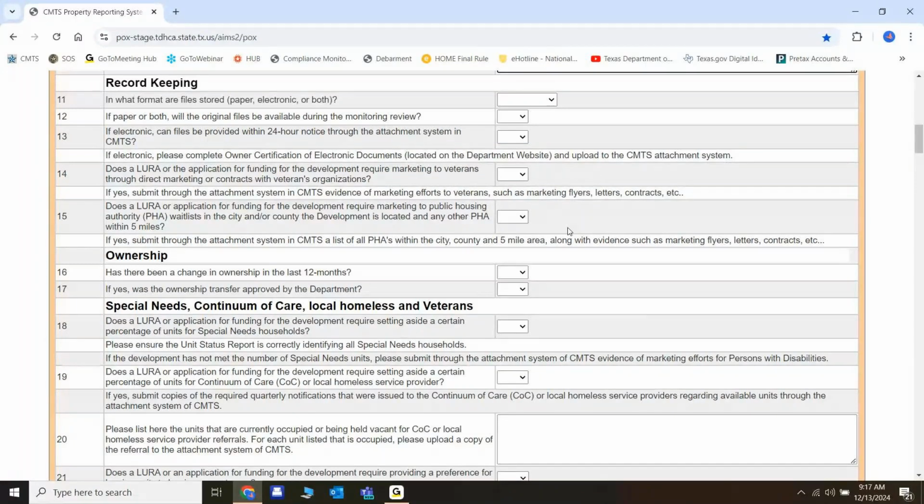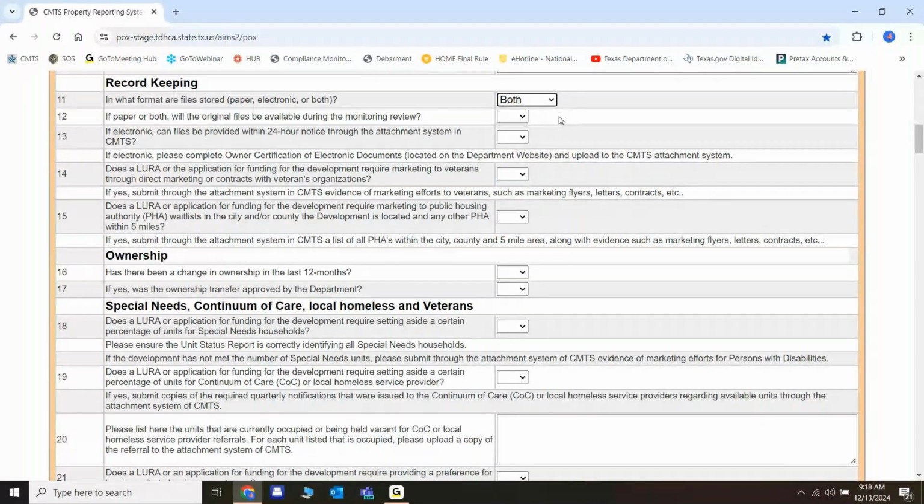And that is okay. It is allowable, but this is a management or an ownership decision. So you might either have electronic only, you might have paper files, or you might have both, or some version of that. Maybe you have both a paper file and electronic file. Maybe you are in the process of converting to electronic, but you still have paper files. We need to know where you are with that.